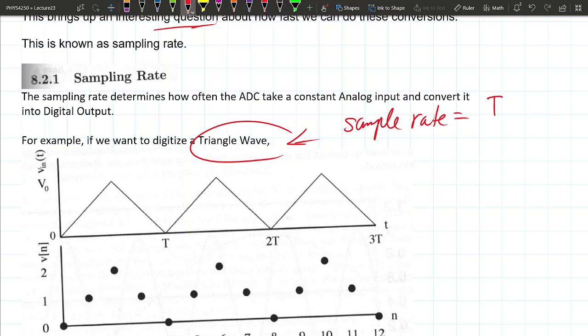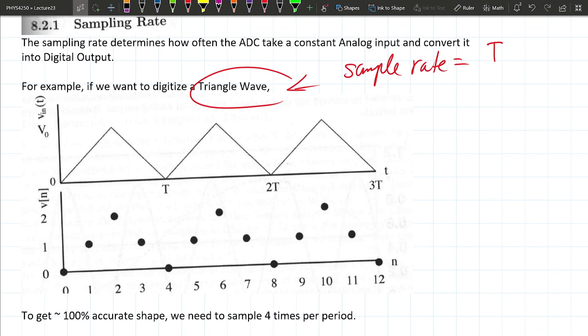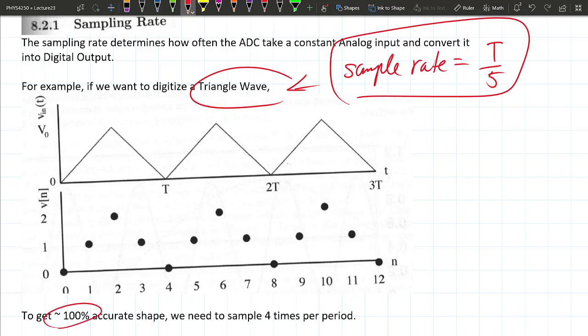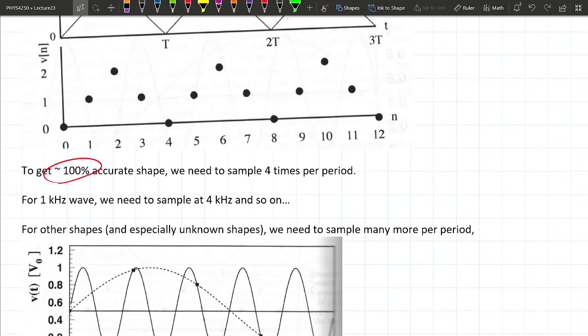Because you want to sample multiple times per period. But in a triangular wave, how many times should we sample in a single period to get to know exactly what the triangular shape is in this example here? 5, right? So if you want something shorter, you probably want to divide it, right? So you want the sampling rate to be basically T over 5, the period of that wave over 5, right? That basically tells you exactly what the shape of the thing is, right?